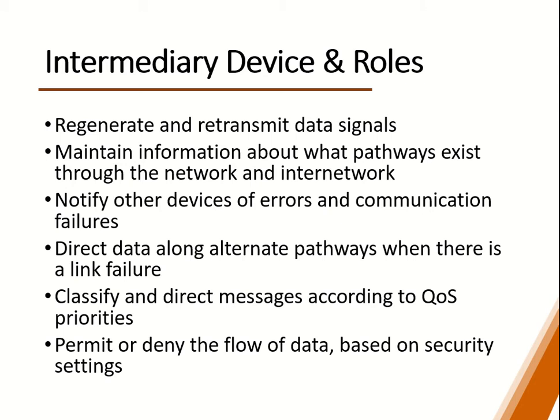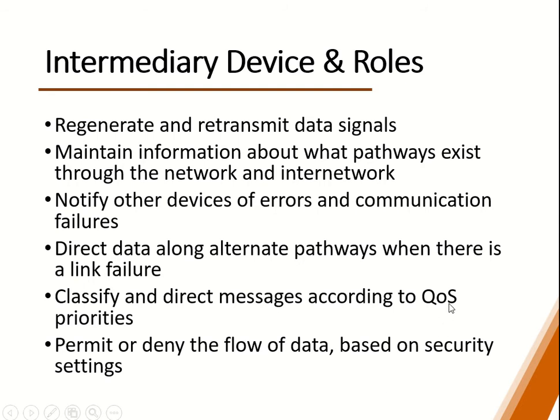So alam nila kung asa sila pwede mo ambak, kabalo sila nga kaning link is failed or na down, no? And then they can notify other devices for errors and communication failures. They can direct data along alternate pathways when there is a link failure, and they can classify and direct messages according to quality of service priorities.